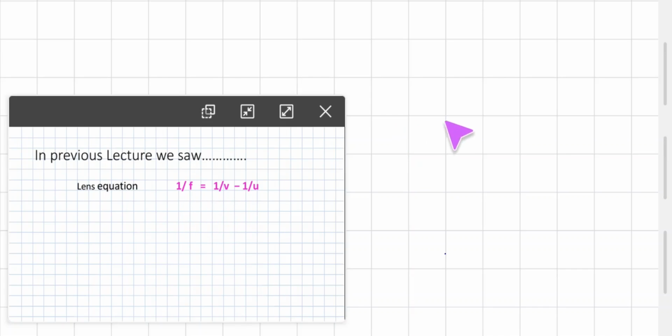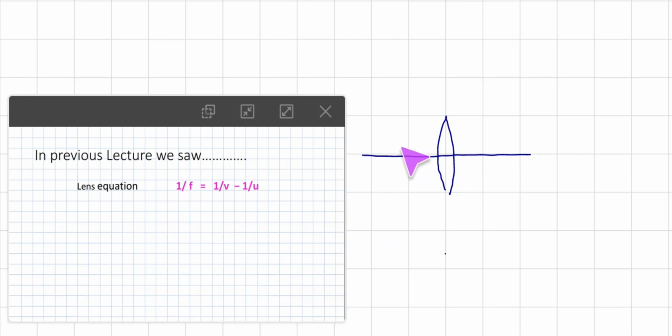We know that if this is a lens and this is an optical axis, and an object is kept here, then the rays incident on the lens refract and form an image.